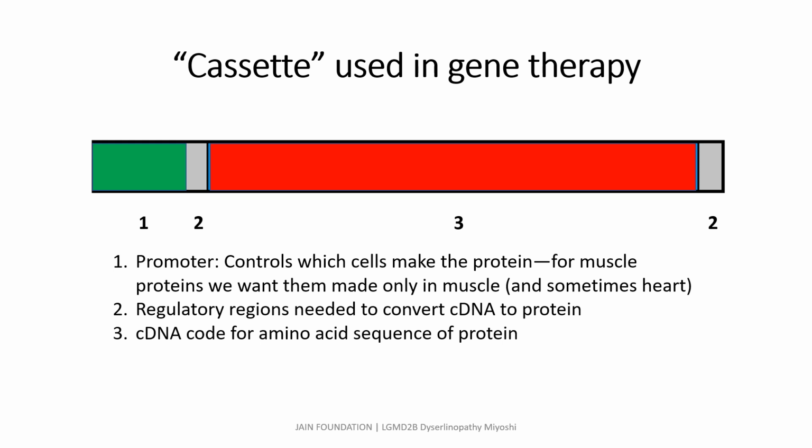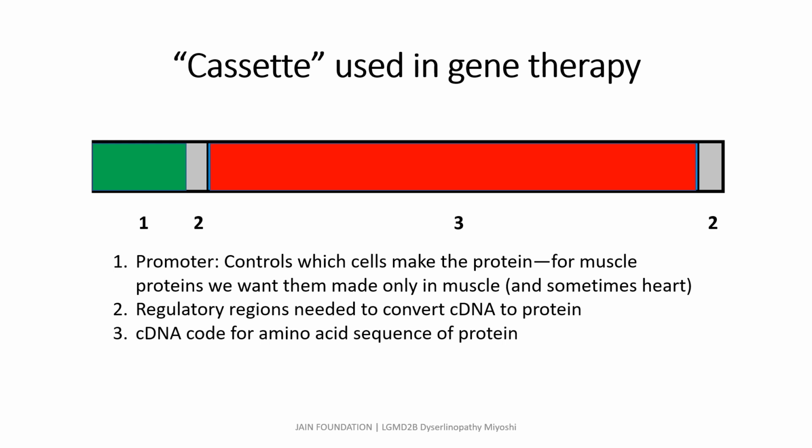That's actually what determines what cell is a muscle cell or a skin cell or a blood cell: which proteins they make. So which cells make which proteins, and how much, is controlled by a promoter. The promoter will tell a cell, okay, if you're this type of cell, then you should make this protein. If you're not, then don't make this protein. And also how much of the protein it will make.